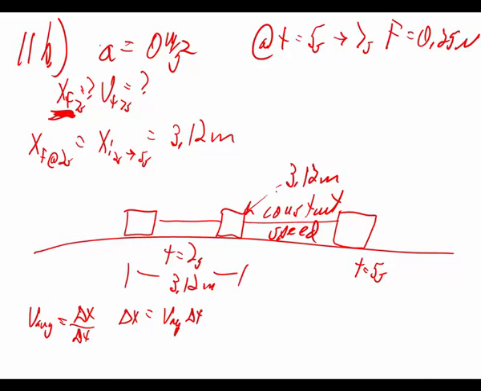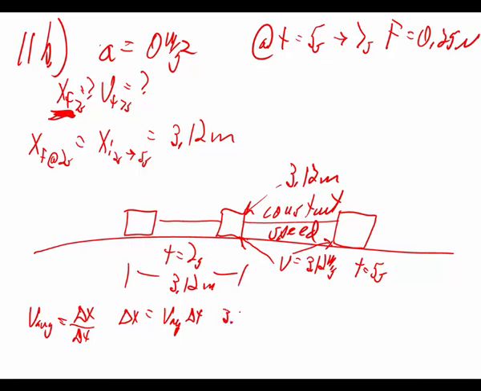We know the displacement at that point, but now wait a minute. What was the speed right here at the end of the 2-second leg? The velocity was what? 3.12 meters per second, wasn't it? So that means from here to here, during those 3 seconds, if it's moving at constant speed, it has to be 3.12 meters per second.